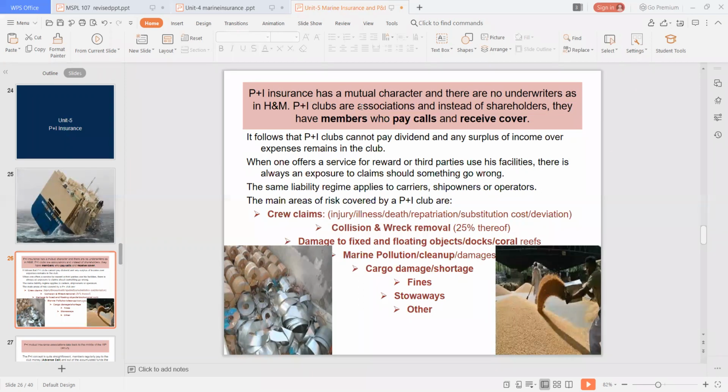Anybody can relate marine pollution and fish catching, because there is damage to fixed and floating objects, like damage to the coral reefs. Ships also cause damage to coral reefs, right? Am I right or wrong? Any idea on that? Ships can damage the coral reefs, right? Yes, sir, you're right. It can damage it, because coral reefs are very important for the ocean.